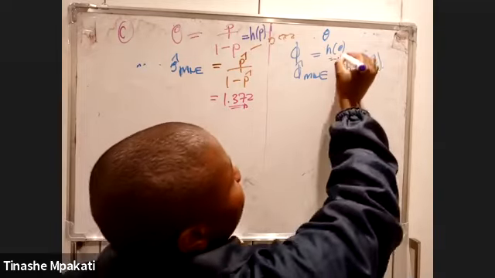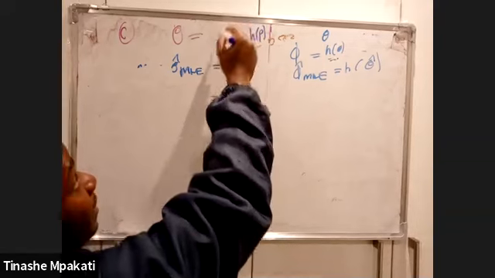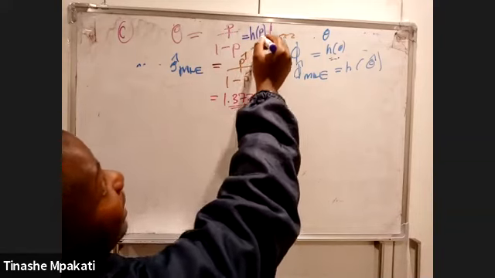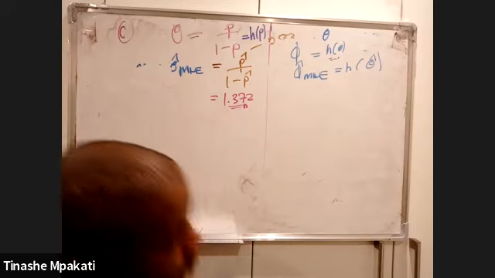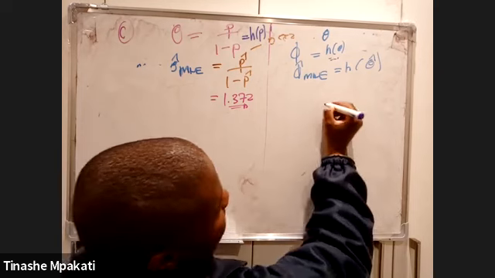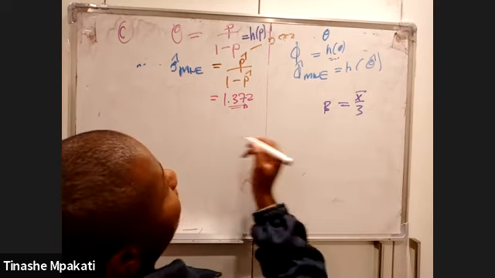So whatever you have here has got a theta in it, hence we say h of theta. The same way we've got P over 1 minus P here, and we have h of what? Of P. And that is the reason why, when that example was given and we had x bar over 3, we would end up having what?